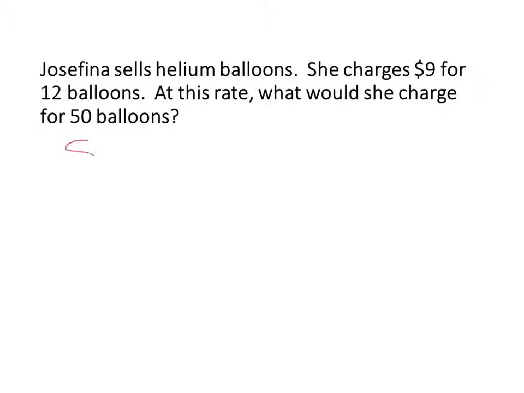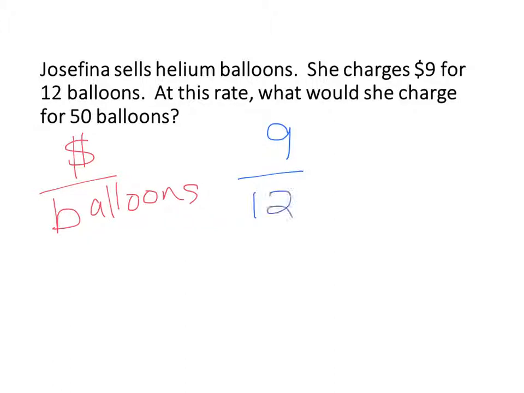So you have money per balloons. That's how we're going to write our ratio. She charges $9 for 12 balloons. We want to know how much she's going to charge for 50 balloons. So we have our rate set up.